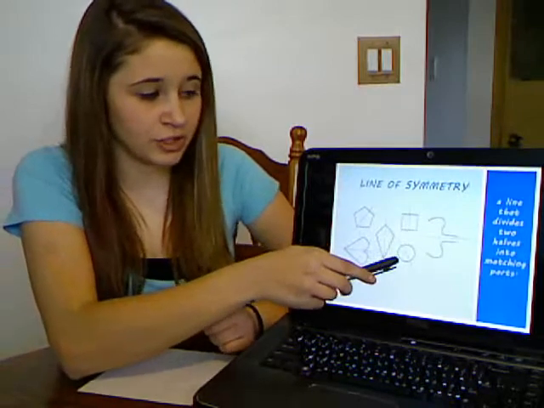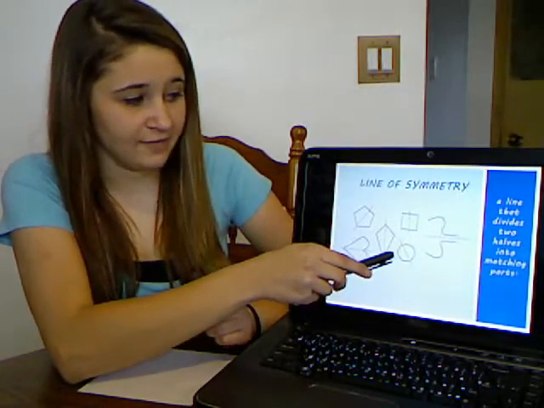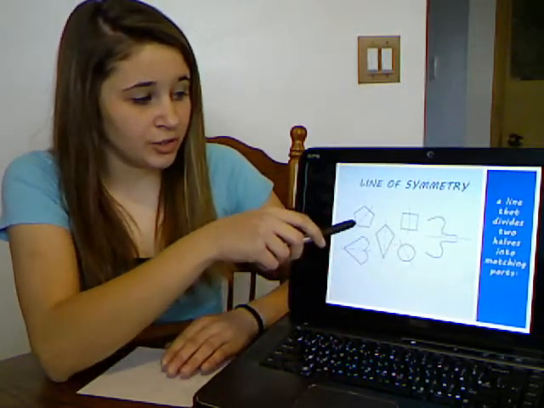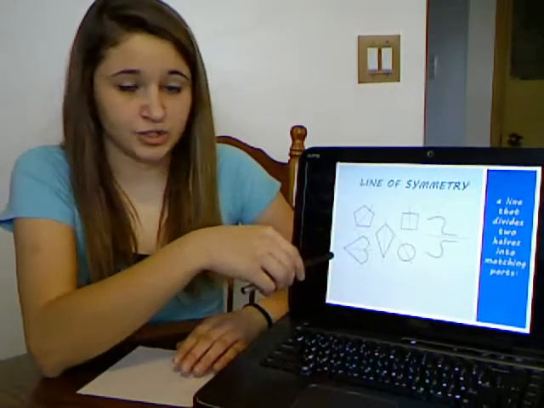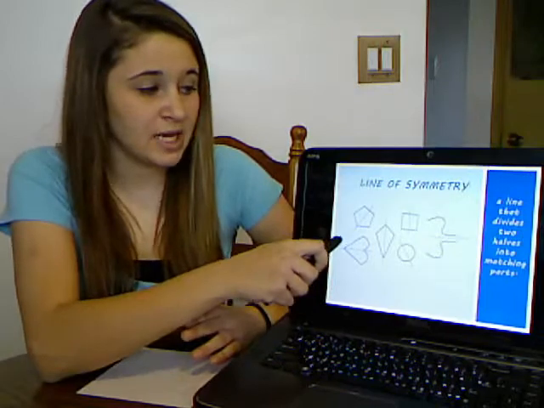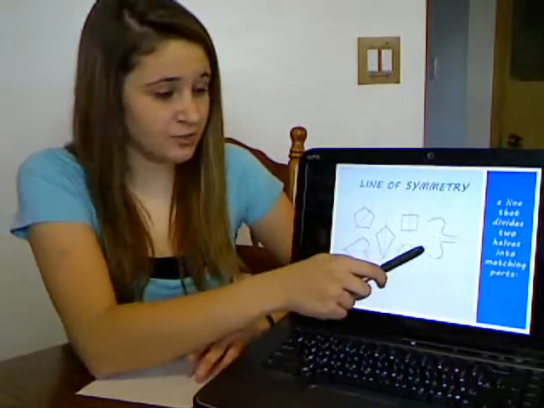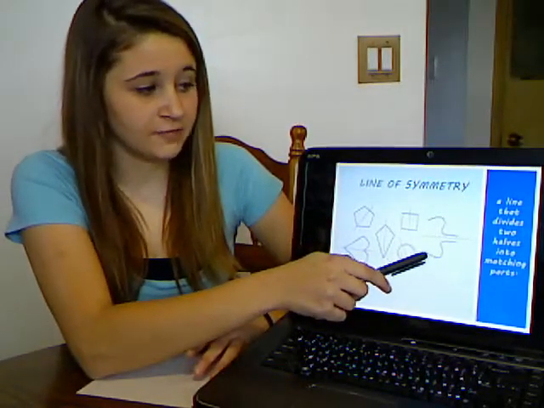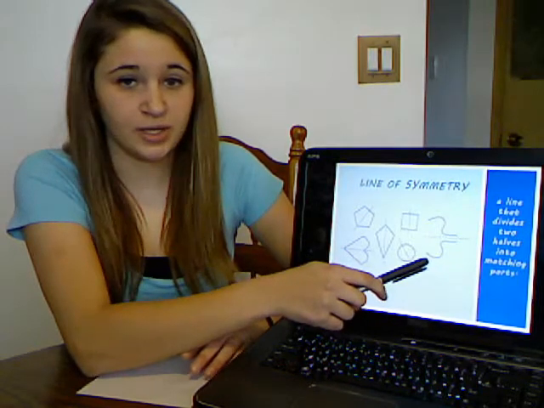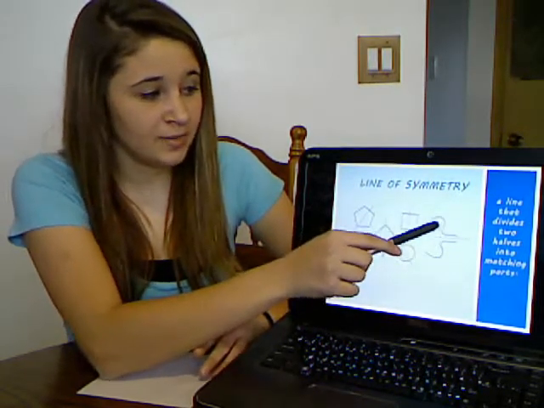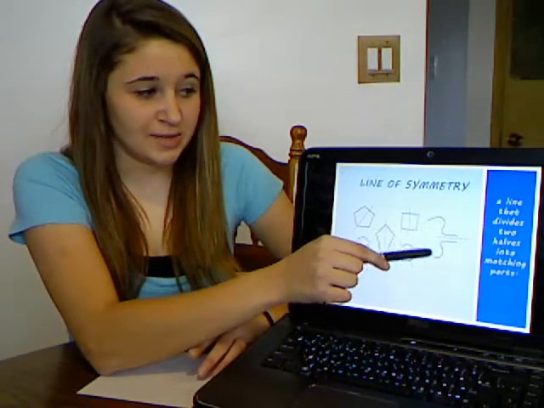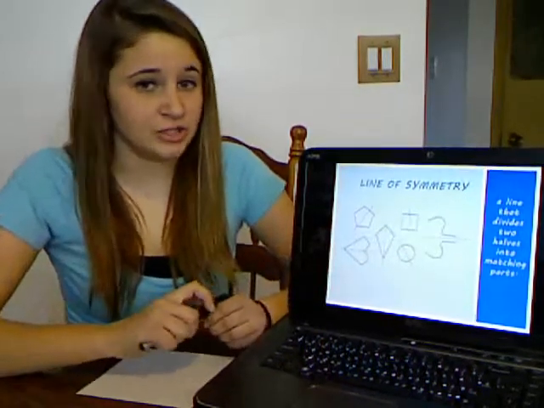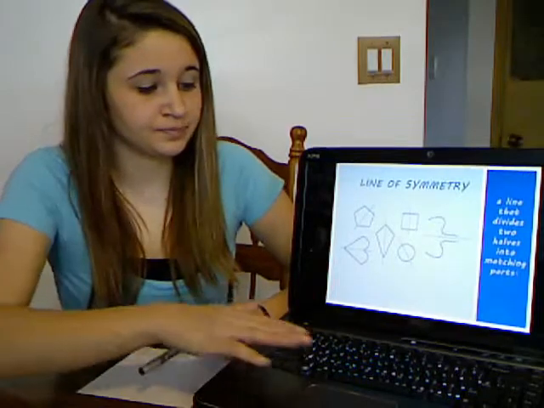But squares and circles aren't the only shapes that have lines of symmetry. There are also the other shapes that you guys are familiar with that can have a line of symmetry. And sometimes the shapes don't always have to be connected for them to have a line of symmetry, such as this one, where they aren't connected, but the lines that form the shape are the same on both sides, so when you fold them across, you get one part.